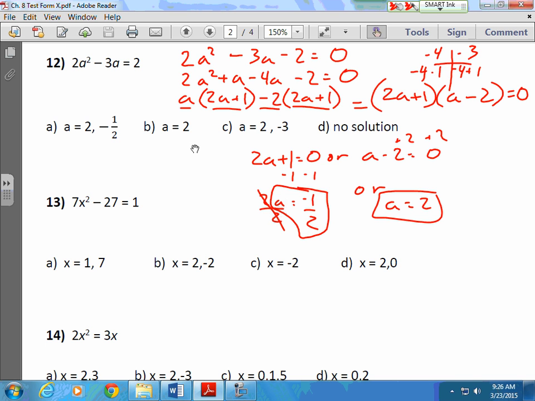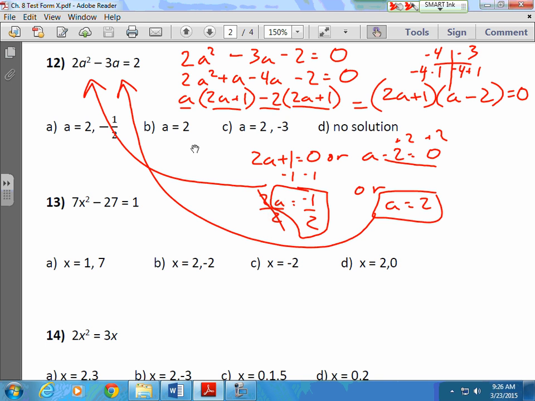Those two values of a, when you trace all the way back to what we started with, gave you 0 here. Those are two values of a that made 0, but ultimately, the problem that we started with was what values of a could you put in to get 2? And these are the two values of a that you could put in to get 2.